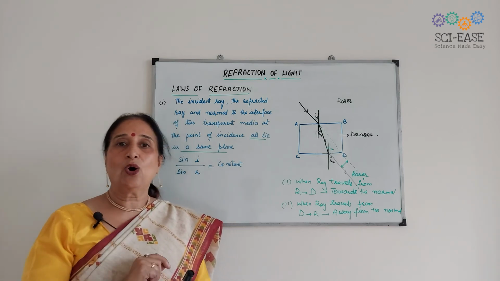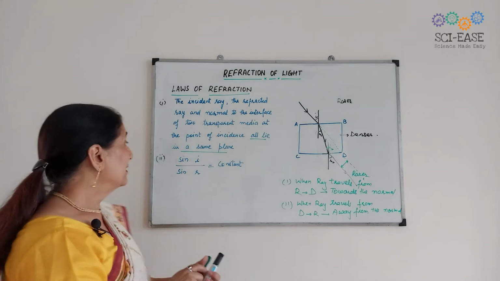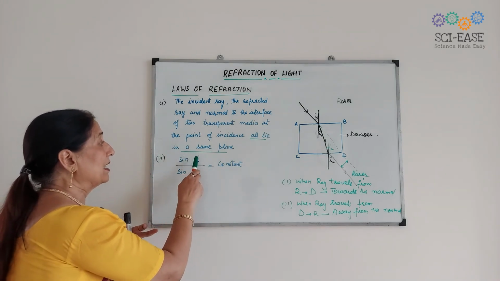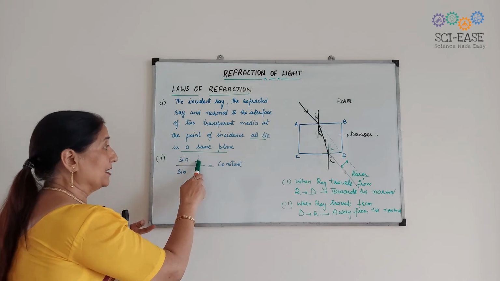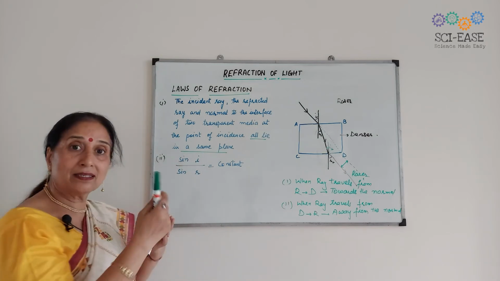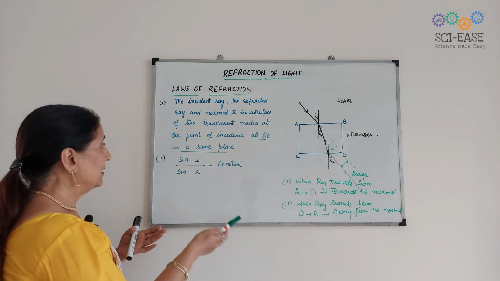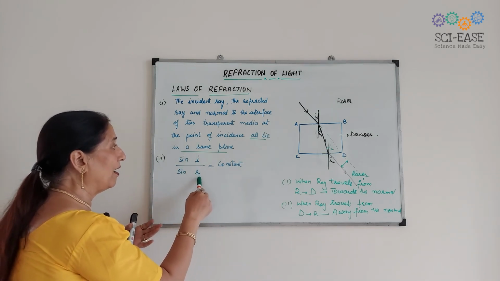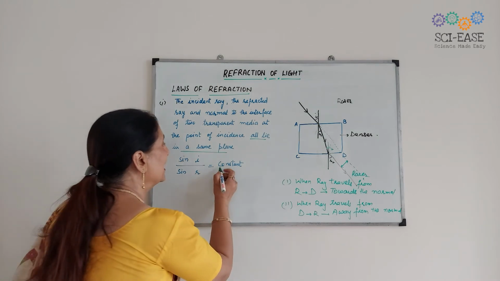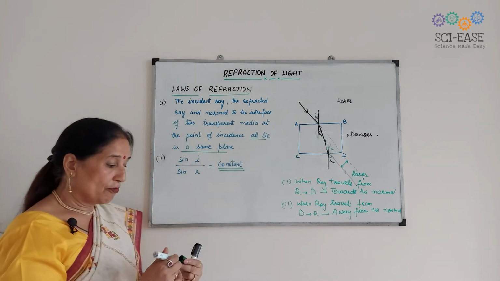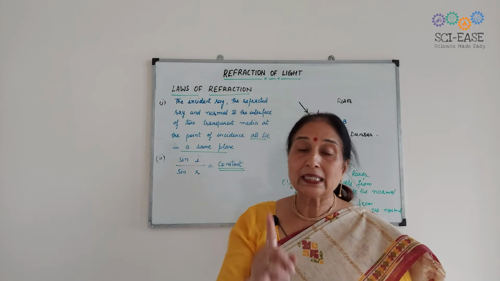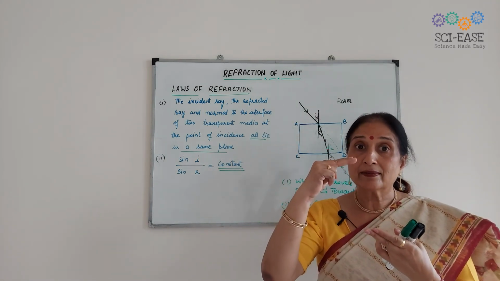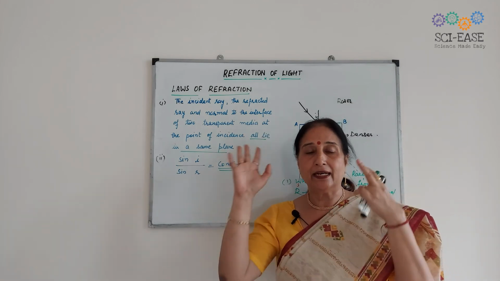Now the second law is that the ratio of sine I to sine R, where I is the angle of incidence, is always constant for one color of light and for the two definite media.